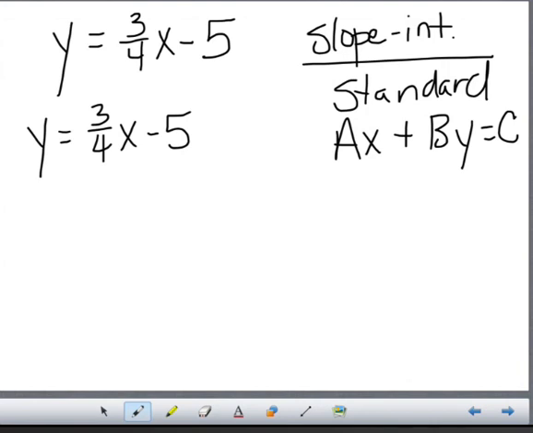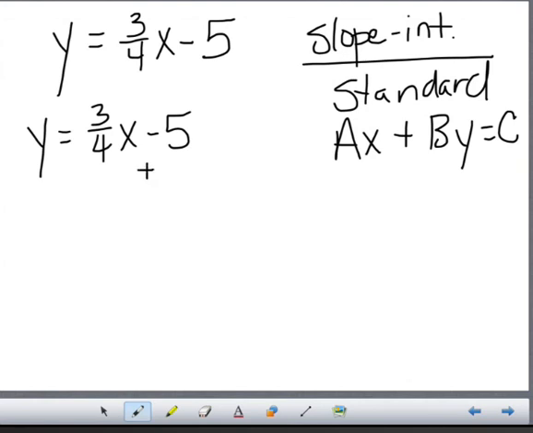Now, there's several ways to go about this problem. Remember my criteria where my x had to be positive. So you could start out by subtracting 3/4 x, but that's just making my x negative. So if it were me working this problem, I would try to keep my x positive.